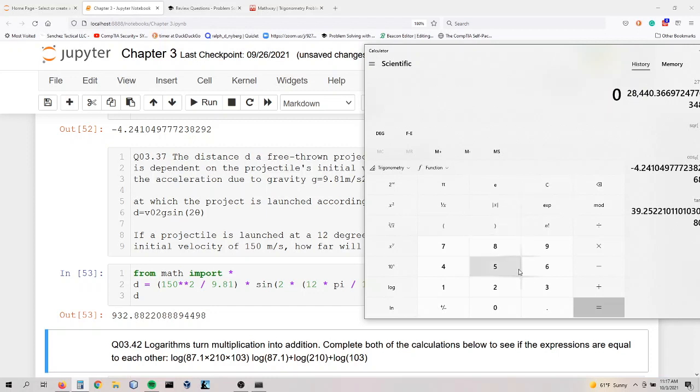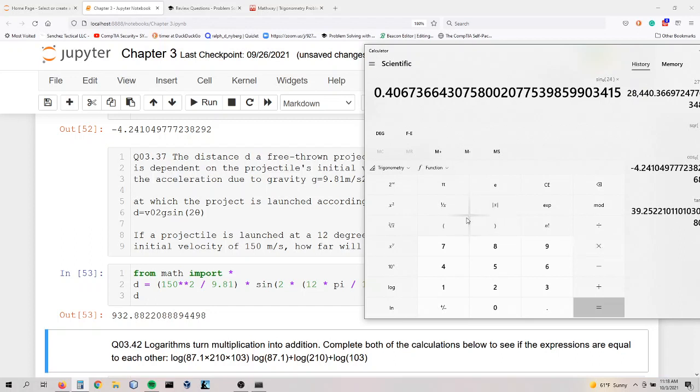Let's go ahead and do the sine right away. If it's 12 degrees, it's going to be 24, right? Let's just make life simple. So sine of 24, that's what we initially have. My calculator's set in degrees, so I trust it.